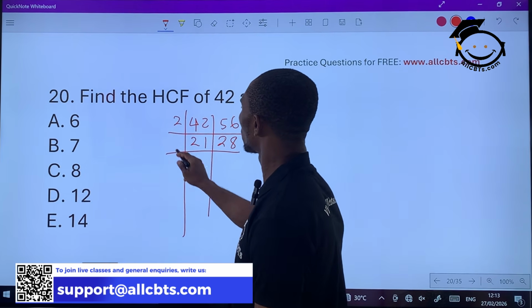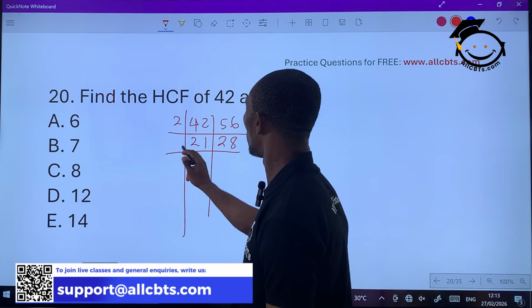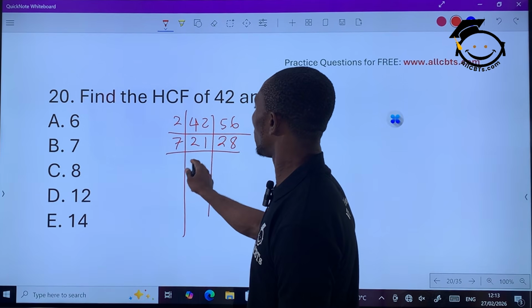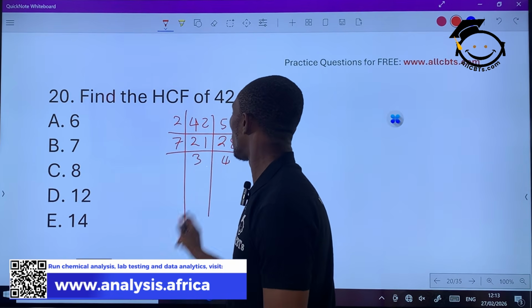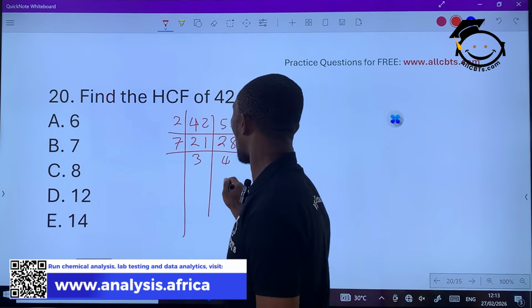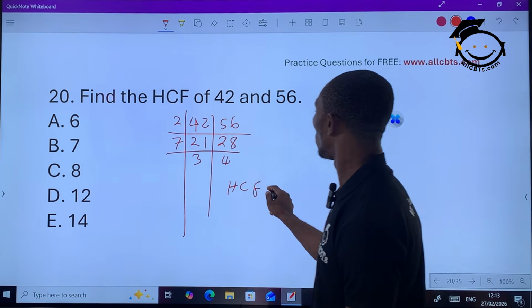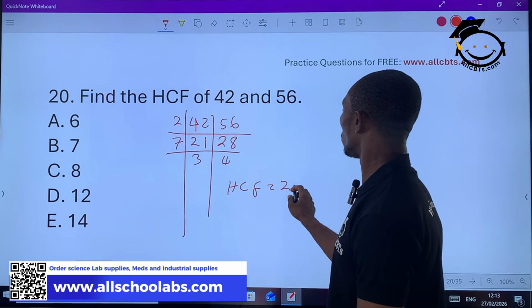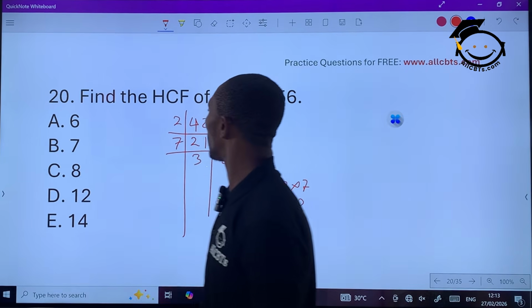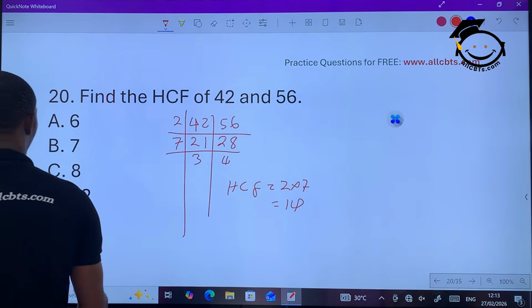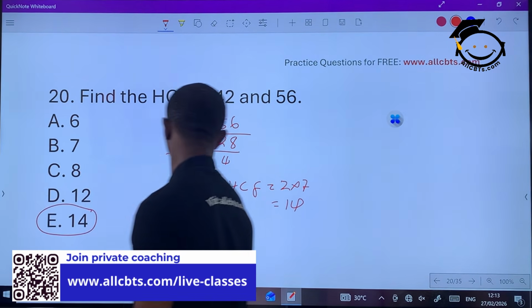So we use what? 5, no. Next is 7. 7 into 21 gives us 3. 7 into 28 gives us 4. So our highest common factor would be 2 times 7, which is 14. So the highest common factor of 42 and 56 is 14.